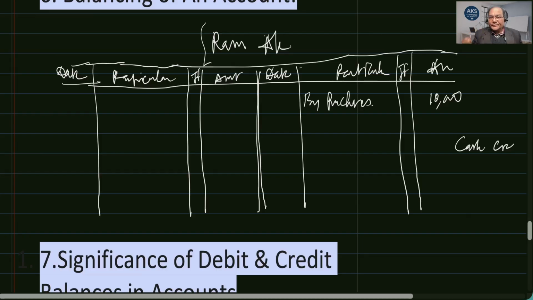He is the receiver, since we are giving him money, cash, against the purchases we have done. So Ram account is required to be debited. Ram account debit to cash, 8,000. We will enter here 8,000 rupees. And this purchase was done, let's say, 1st December 2025. Now 10,000 rupees of purchases was done.